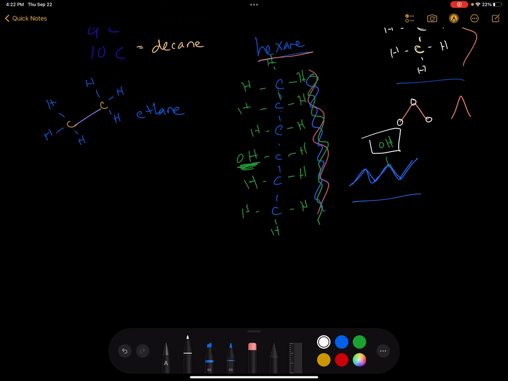And I need to see those types of things, because whenever we talk about functional groups, which I guess is where we're going next, what they do is they are going to determine how compounds, how molecules interact with each other.